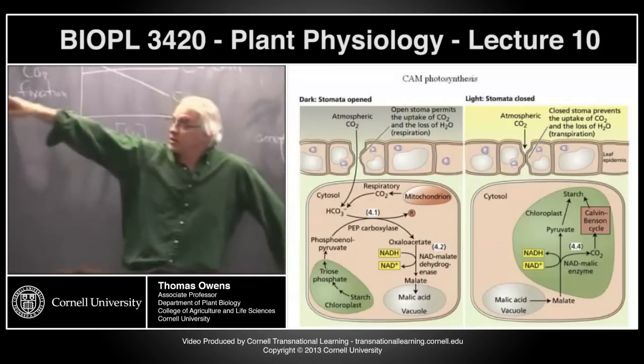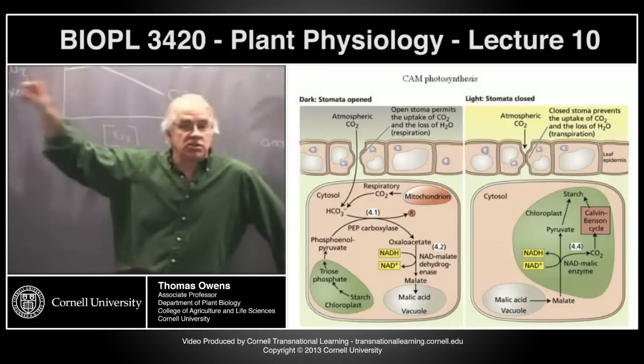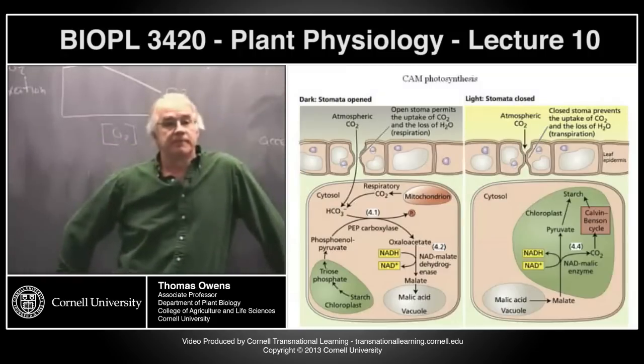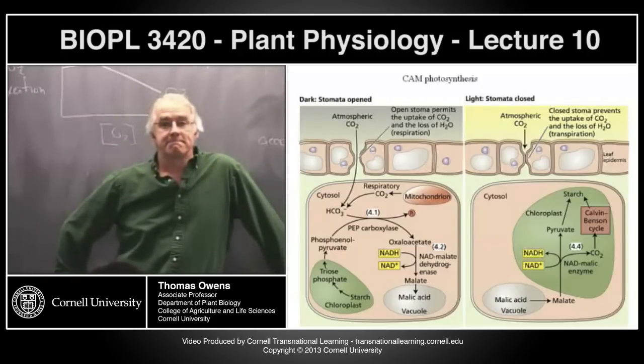So where do the costs associated with CAM photosynthesis come in? It's not shown on here. I mean, the reactions are shown on here, but the cost is not shown on here. Where's some place that energy is going to be required here?